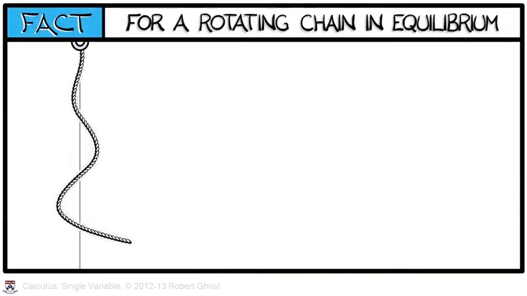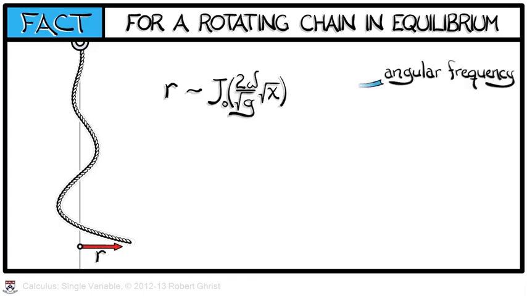In fact, for a chain or a rope that is rotated in equilibrium, we can describe the displacement away from the vertical axis, r, as follows. This r is proportional to the Bessel function j0, evaluated at 2 omega over the square root of g times the square root of x.